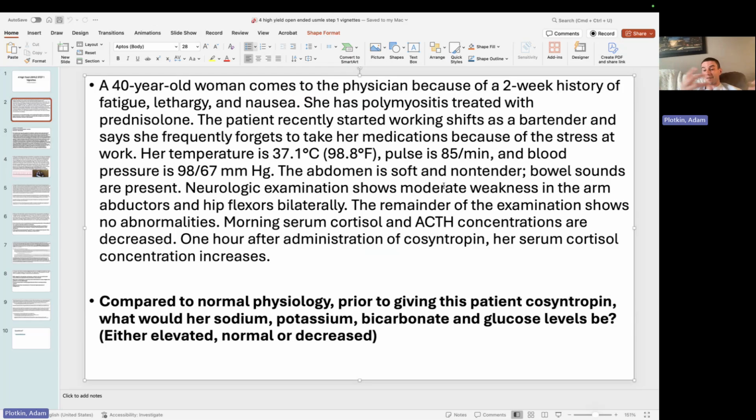So hypertonicity of my serum, low blood volume, and then pain, nausea, vomiting, okay? So when cortisol is elevated in the serum, it actually helps inhibit antidiuretic hormone. So when you lose cortisol, we've taken our foot off the brake pedal, and we're able to just keep releasing antidiuretic hormone.